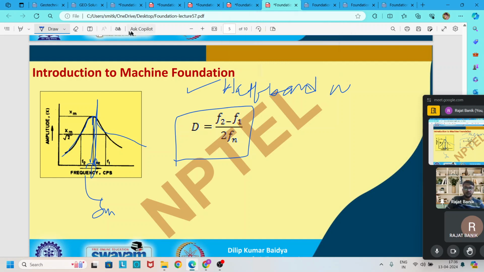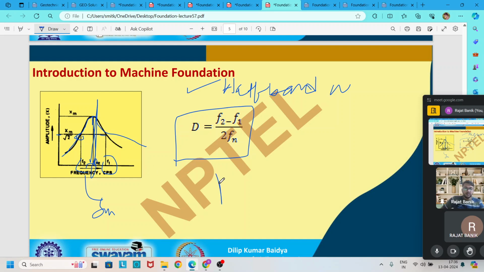For this, we use the amplitude which is equal to 1 by root 2 times the maximum amplitude. And at this amplitude, we get two frequencies. One is called F2, another is called F1.